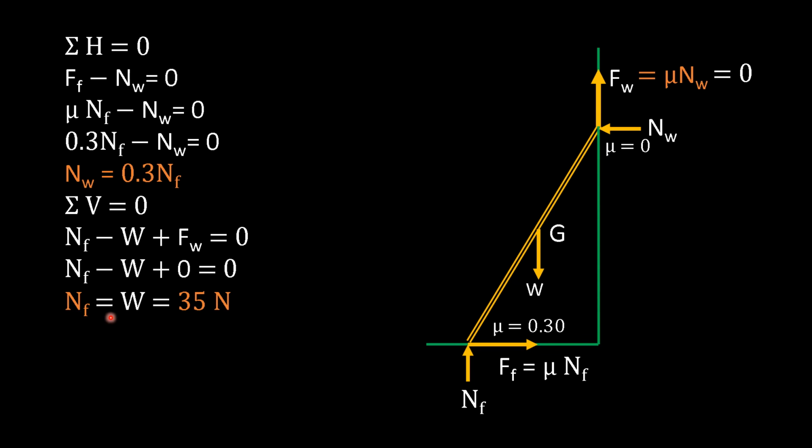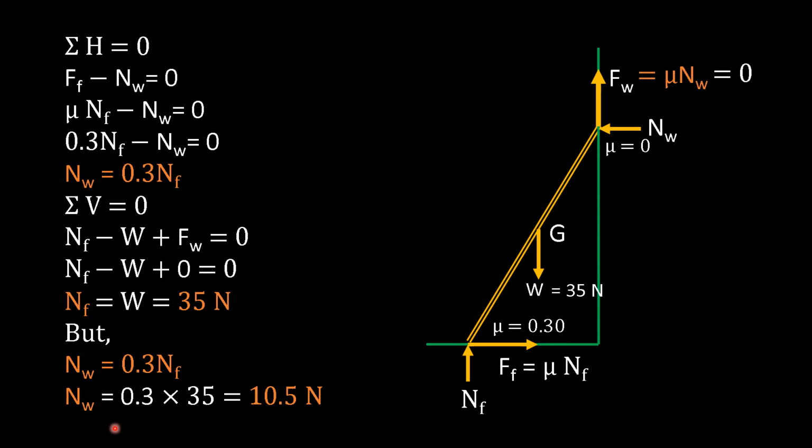So we get NF equals W, but W is 35 Newton. We have already obtained NW is equal to 0.3 NF, so we get 0.3 multiplied by 35, which gives us 10.5 Newton. So we get NW equals 10.5 Newton.